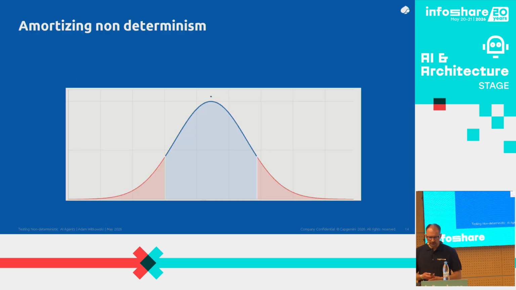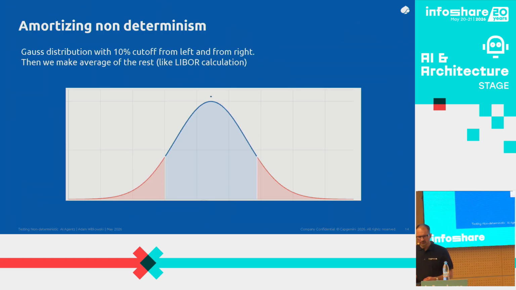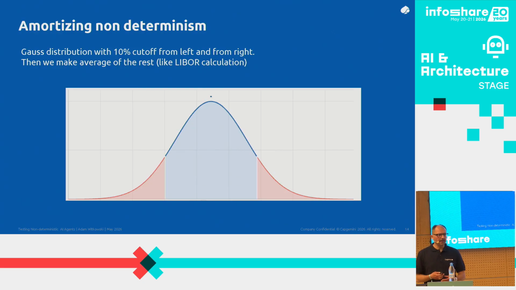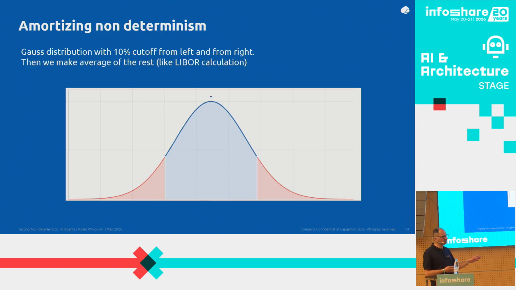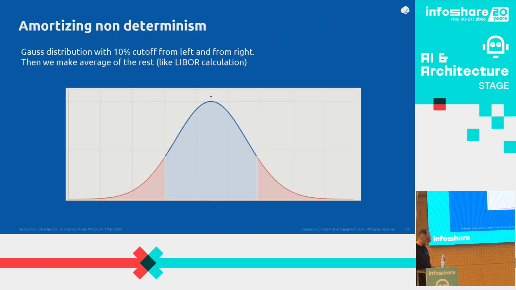So how do we amortize non-determinism? Okay, because we have this bespoke model which is specialized, right? It's 7B, so it's small, we can run it perfectly. But how do we deal with the fact that it will give us different numbers at different moments? So the way LIBOR was calculated a couple of years ago, because I don't think they do it anymore, was something like this: all the banks were coming up with rates and they were rejecting the 25% minimum ones and the 25% maximum ones, and they were taking the rest and making the average.